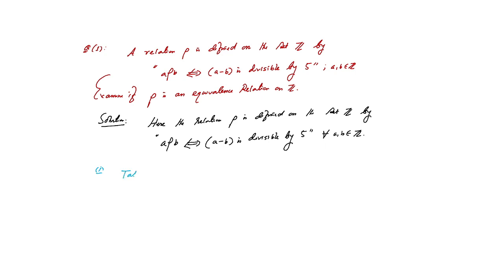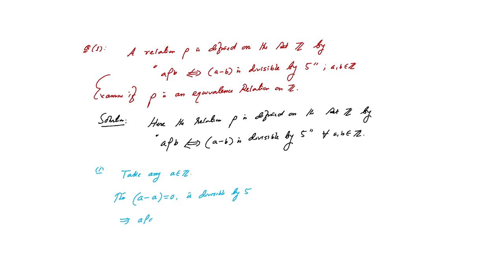So we will take any A belongs to Z, any integer. And then you will check what A minus A is. So this will be 0, and 0 is always divisible by 5. No problem. So if A minus B is divisible by 5, that implies A rho B. So A minus A is divisible by 5.